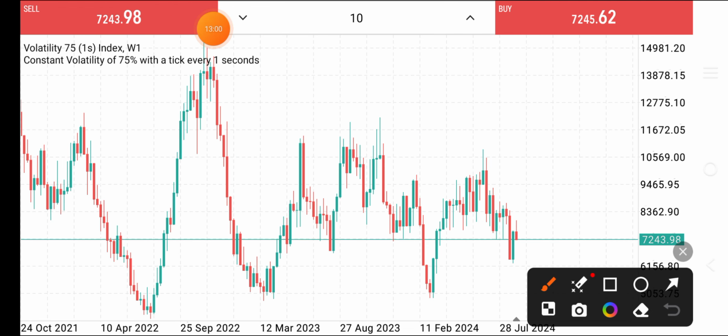This is a weekly time frame. Comfortably enter from year to year. From year to year is a very huge trend on the smaller time frame. If you check it, it's a very huge trend, able to triple your account size. So meanwhile, it is consolidating on the weekly time frame.